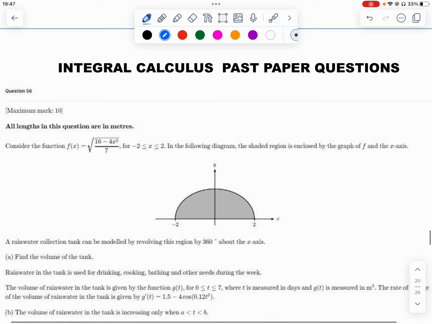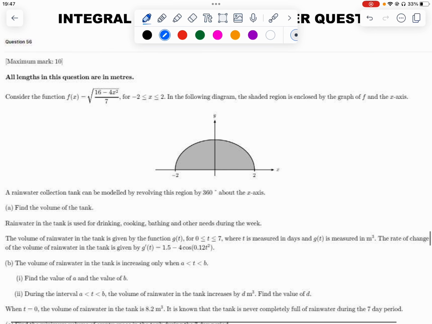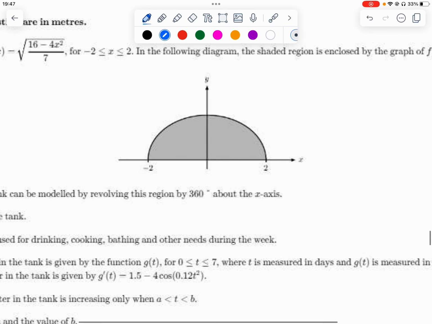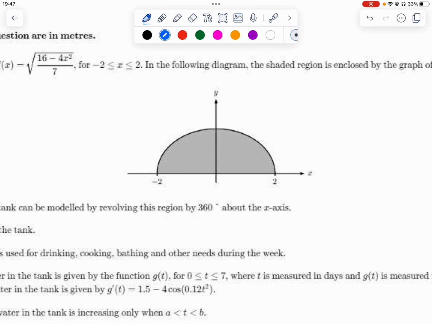Now, coming to question number 56. Consider the function f of x equals square root of (16 minus 4x square) upon 7, where x lies between negative 2 and positive 2.